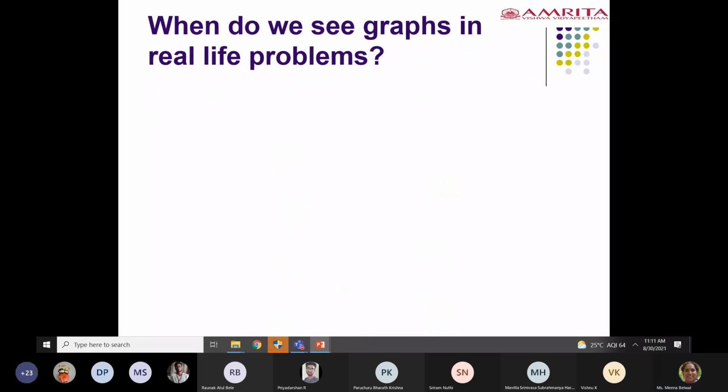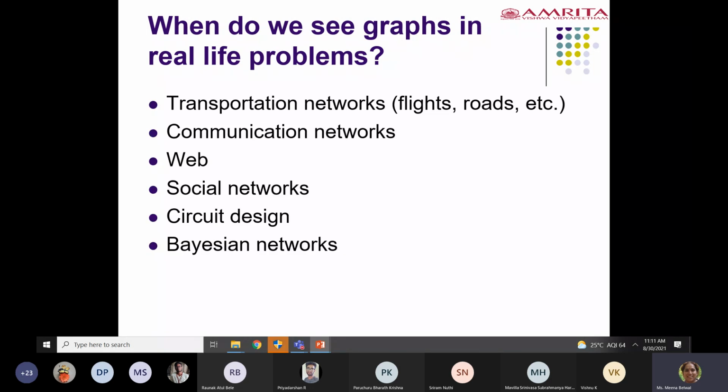Okay. So when do we see graphs in real life problems? Everywhere, right? Everywhere you see graphs. So network can be a common term. Wherever you can draw a network, there you can apply graphs. So transportation networks, flights, roads, you have pipelines, water lines, many electric lines, many things are there.